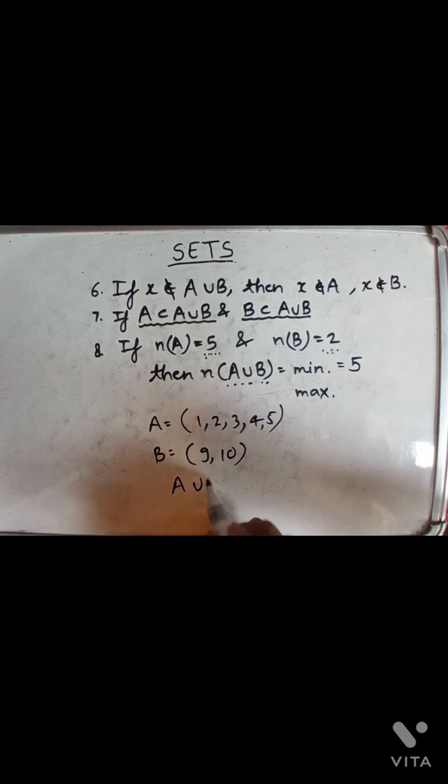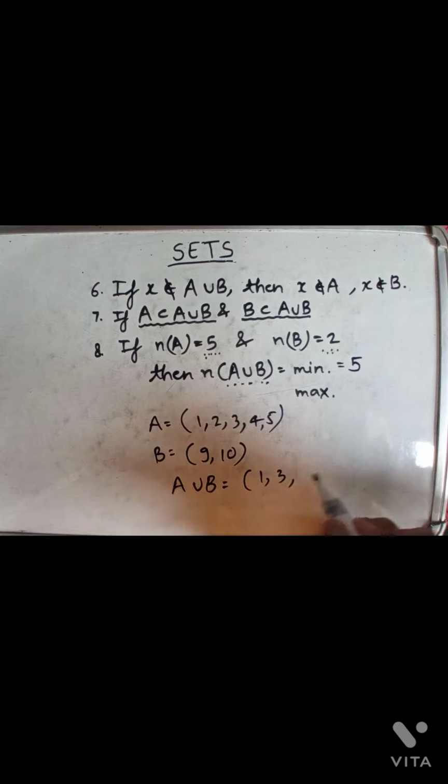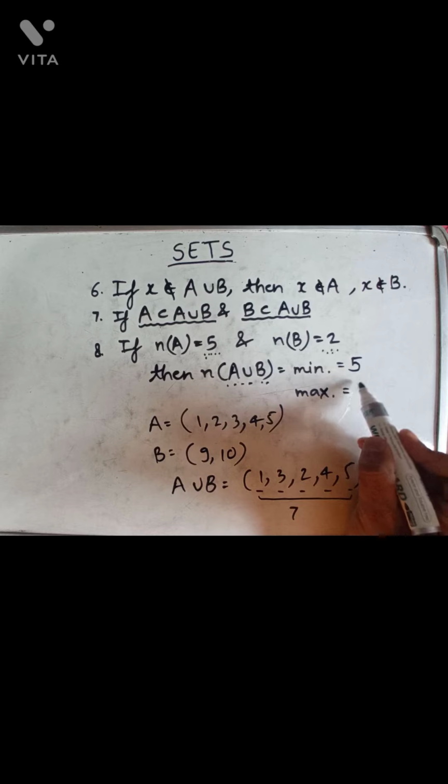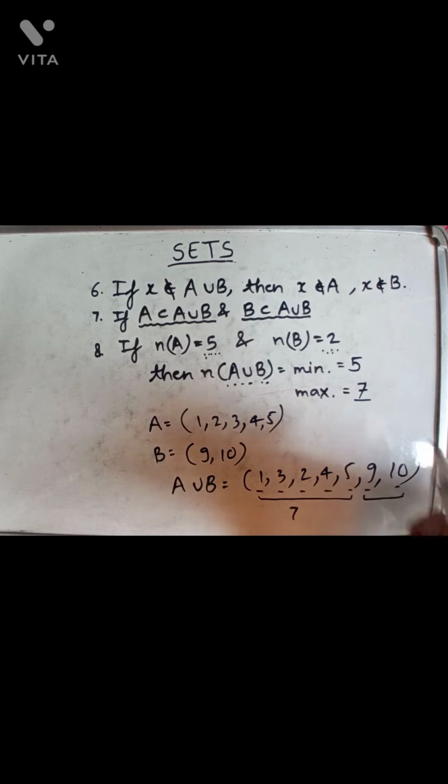Then A union B will contain all these elements: 1, 2, 3, 4, 5, 9 and 10. So here, as you see, the maximum number of elements it can contain is 7, 5 from A and 2 from B.